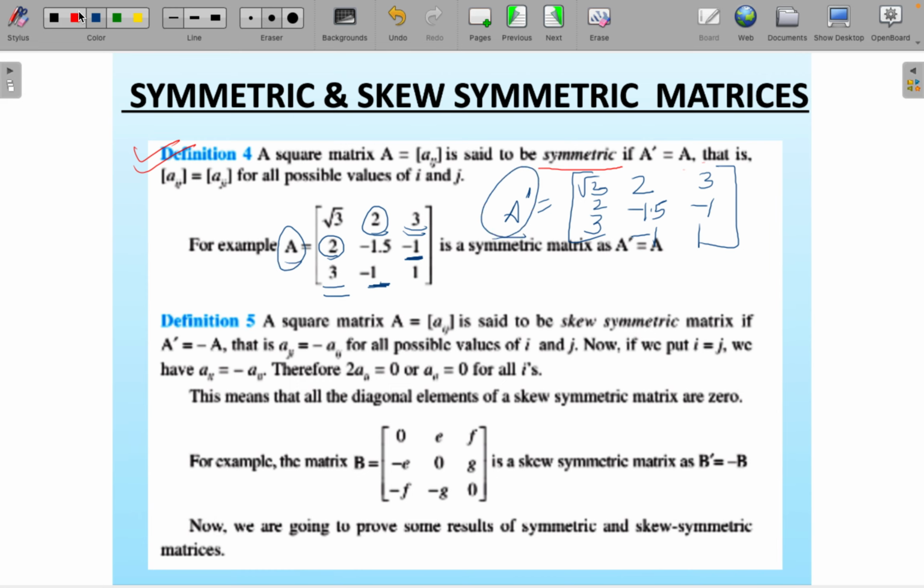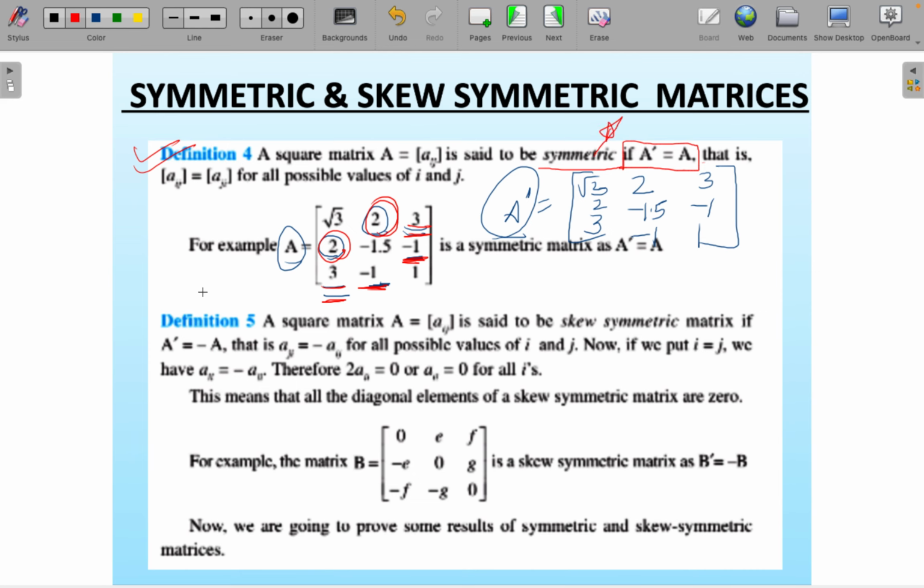And again, a very, very important thing: why are they the same? Because this element and this element were the same. Here and here I've written the same, matching elements, and this element is equal to this element. So this is how you will write the transpose of a symmetric matrix. Symmetric matrix means A transpose will be equal to A. So I want you to make a note of this, right?